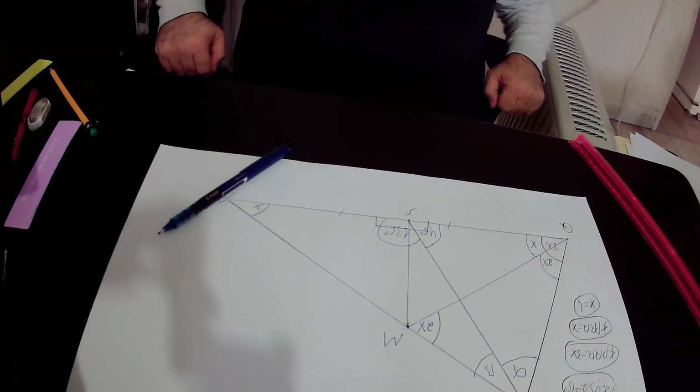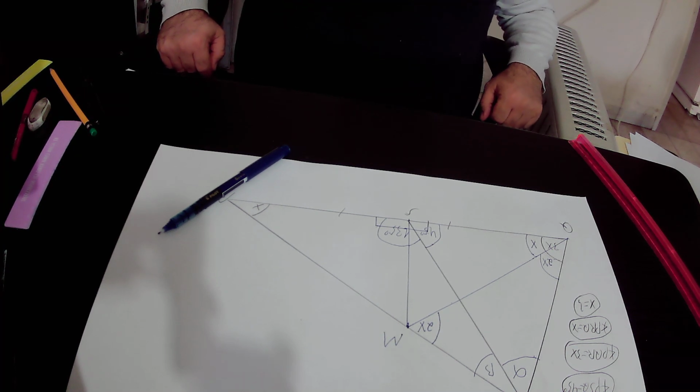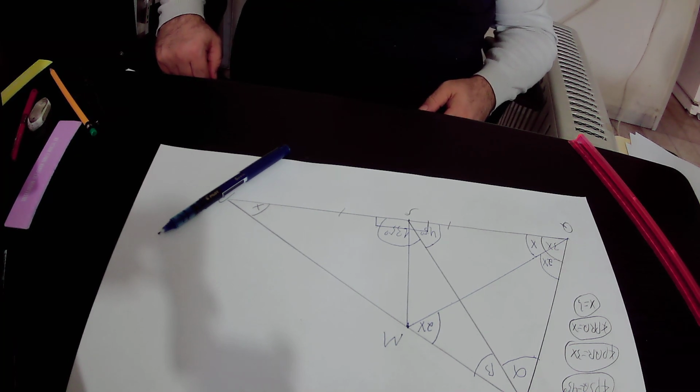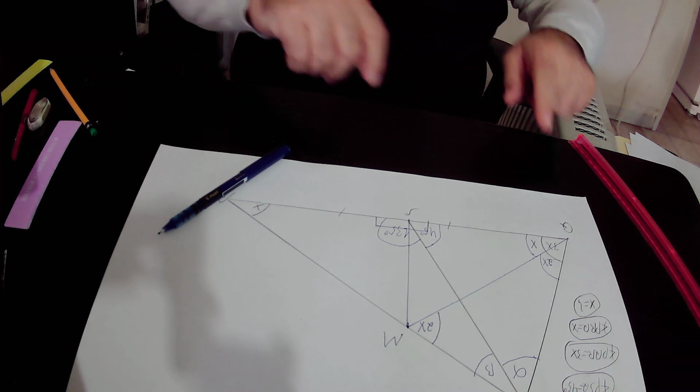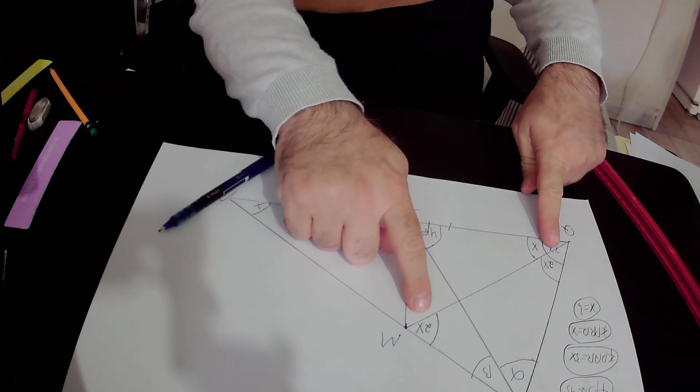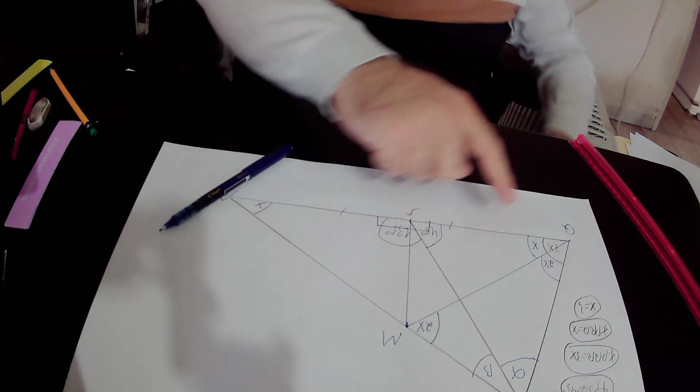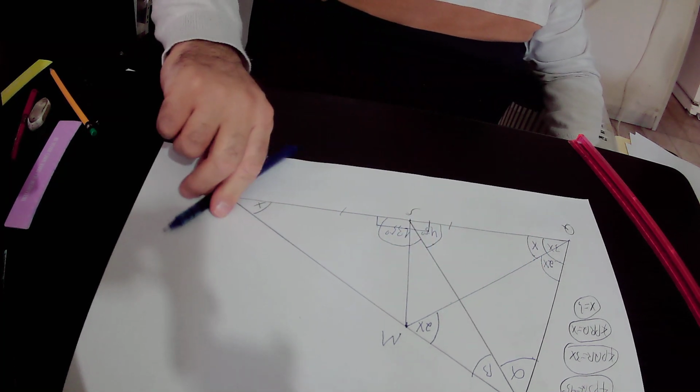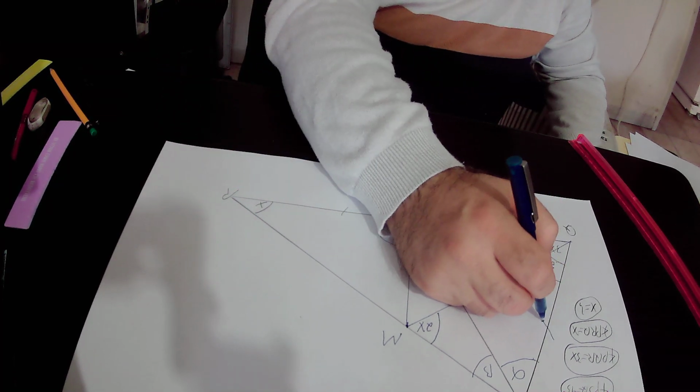What does it mean that triangle PQM is an isosceles triangle? According to the rule that in front of equal angles there are equal sides, in front of these angles that are equal to each other we have equal sides. That is to say, PQ equals PM.